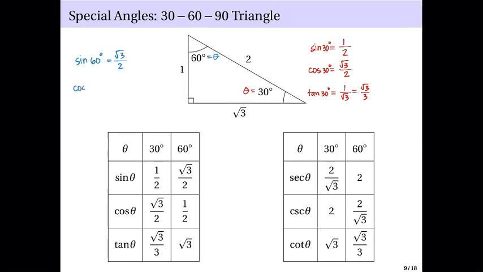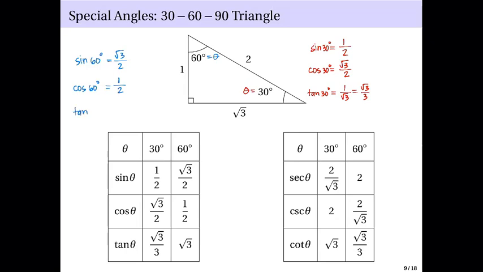Cosine 60 degrees. Cosine, it's CAH. This is the angle, this is the adjacent side. So you will have 1 over the hypotenuse, which is equal to 2. So cosine 60 degrees is 1/2.